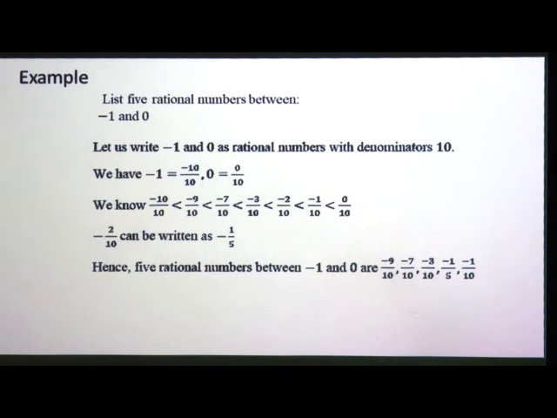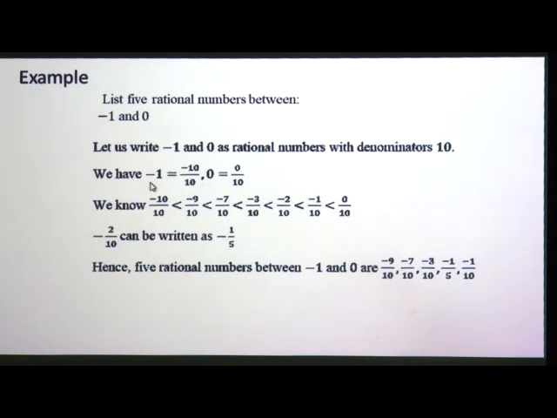We will see some examples here. List 5 rational numbers between -1 and 0. Here they have told us 5 rational numbers, so we will try to find 5 rational numbers between -1 and 0. Let us write -1 and 0 as rational numbers with denominator 10.